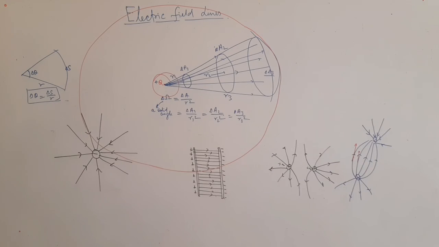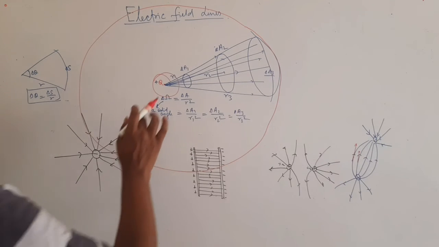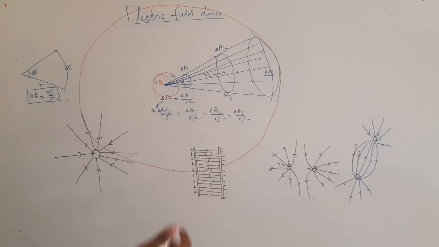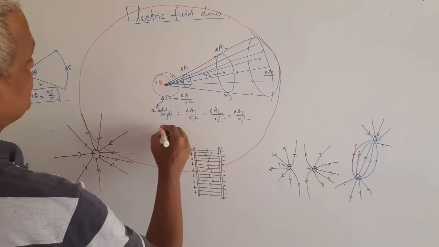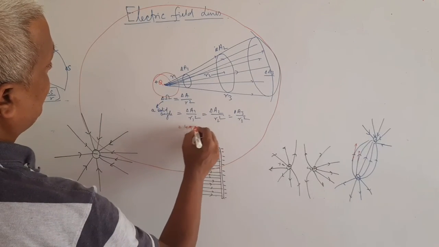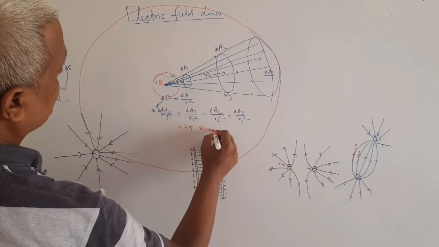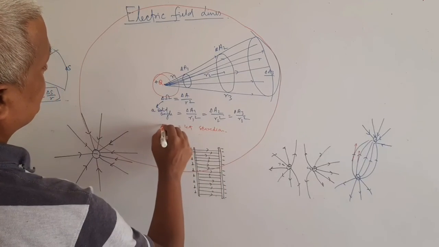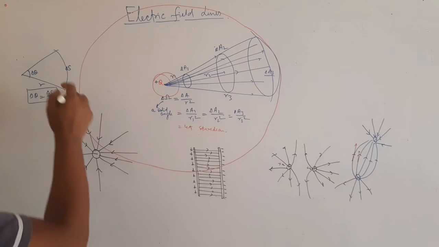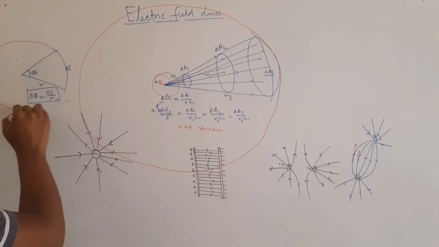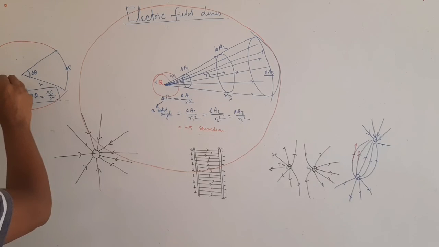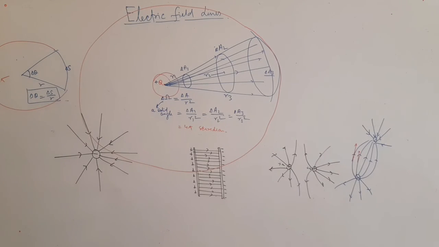Okay, the planar angle is 2 pi, it's not 4 pi. So when this is complete, the solid angle is 4 pi steradian. This is the solid angle for the sphere. And if you complete the circle, you get 2 pi as the complete planar angle, and this is 4 pi steradian.